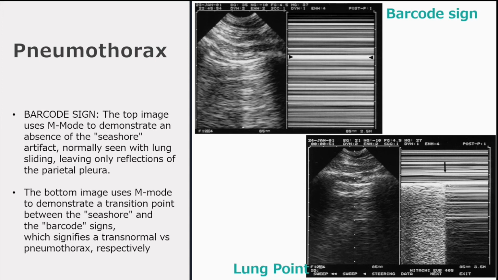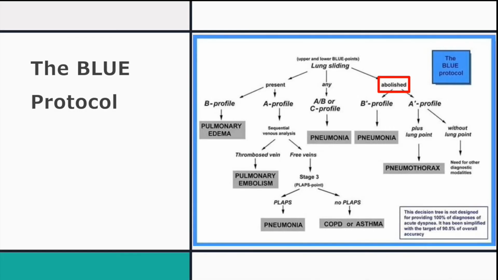So it's important to find this, and if you actually don't find this lung point in your survey, then you want to move on to other modalities to assess for pneumothorax. But you want to look for this lung point to solidify your suspicion that there's a pneumothorax here. So again, that would be the A prime decision tree, which we can come back to real quick.